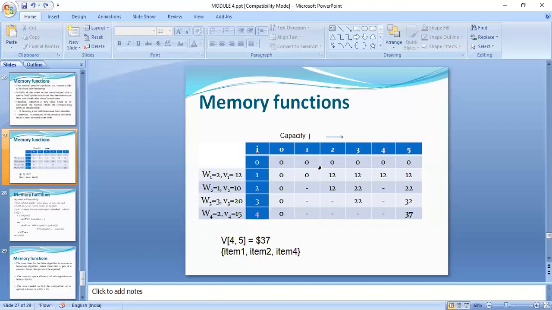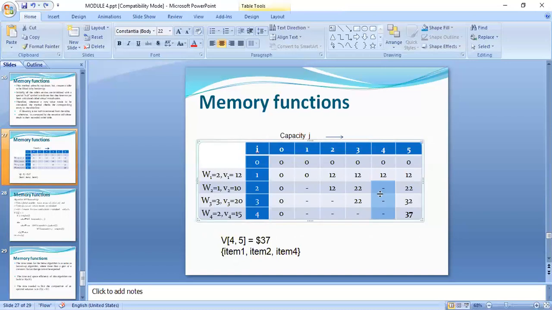Once a value is calculated, it is recorded in the table, so it is solved only once. Whatever is given as null means those subproblems are not required for finding the solution, so we are not going to solve those values. All of these are marked as null.